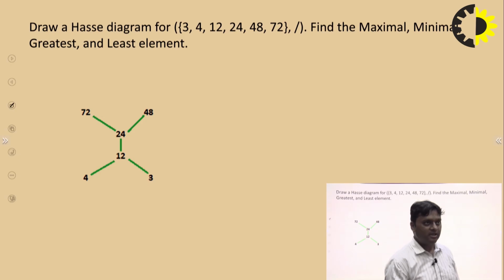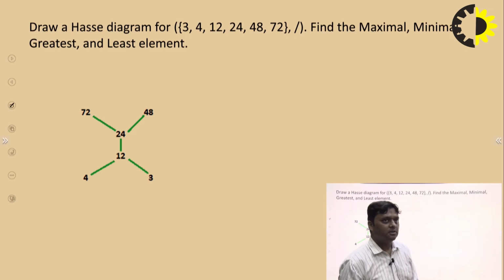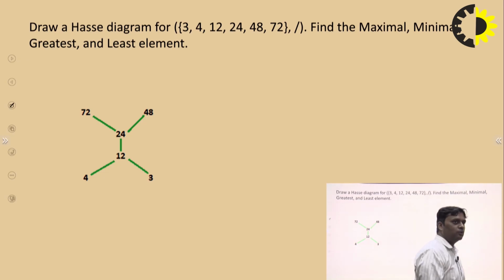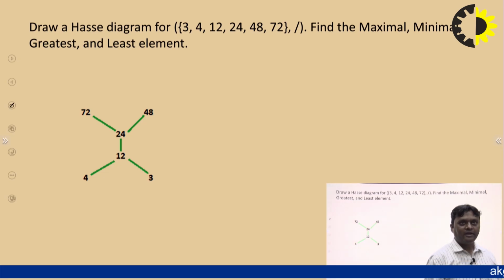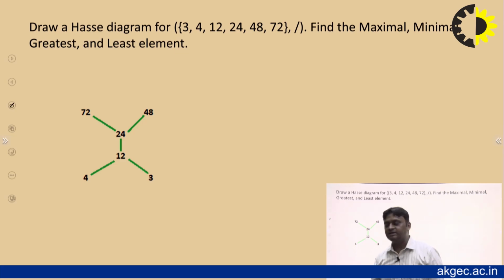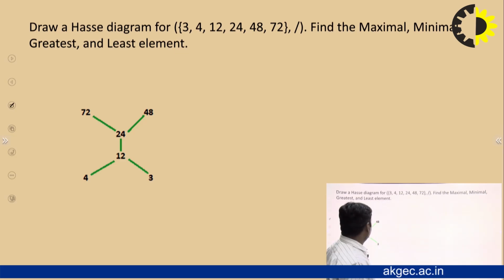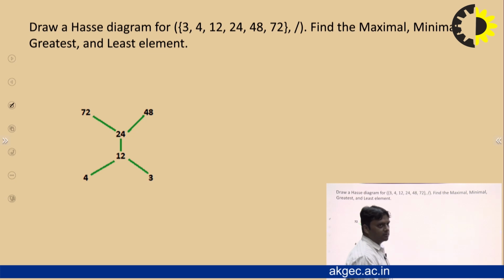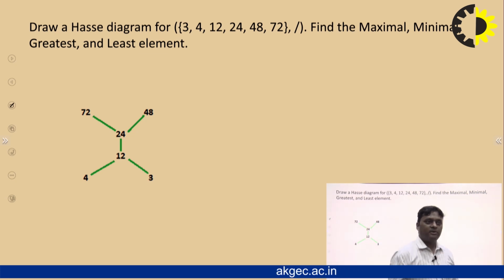This is the other example. Draw a Hasse diagram for 3, 4, 12, 24, 48, 72. Find the maximal, minimal, greatest and least elements. Here what will be the maximal element?